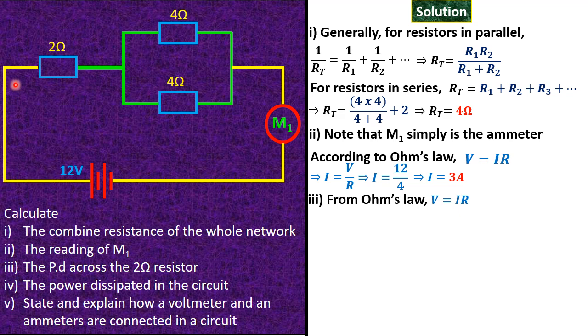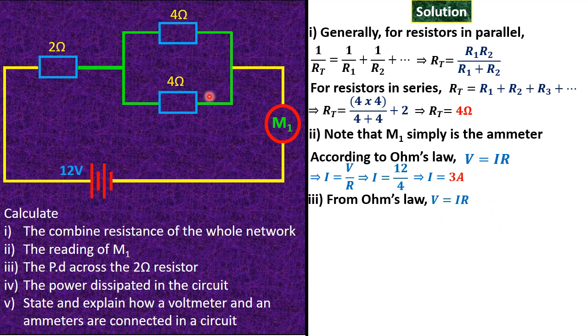It flows like this through the 2 ohm resistor, and when it reaches the junction it splits into two. One comes up, one comes down. They both join at this point, and we still have the current here.